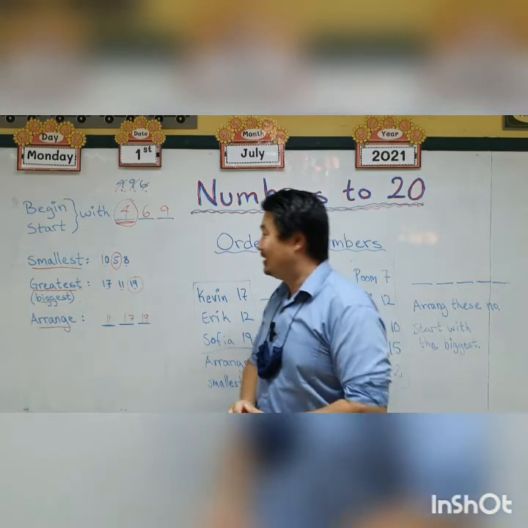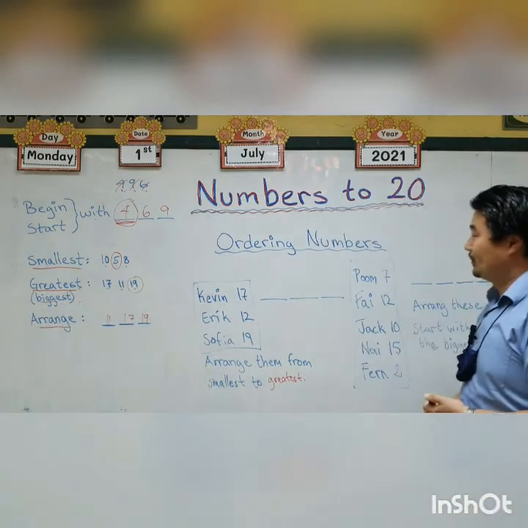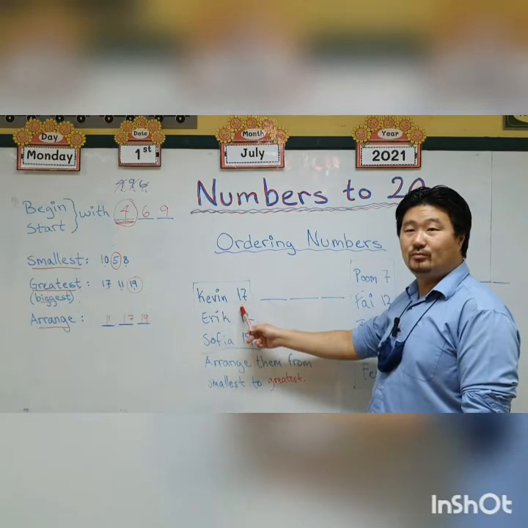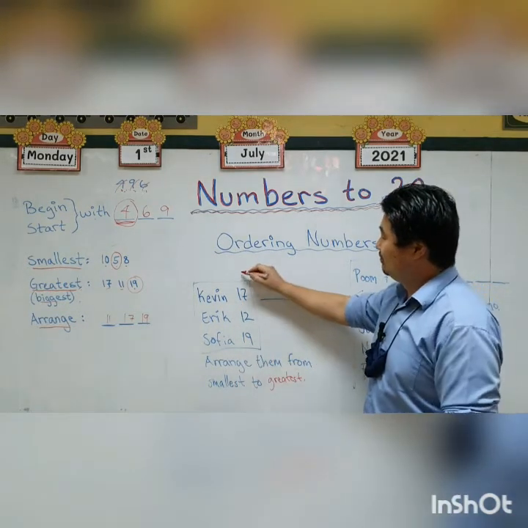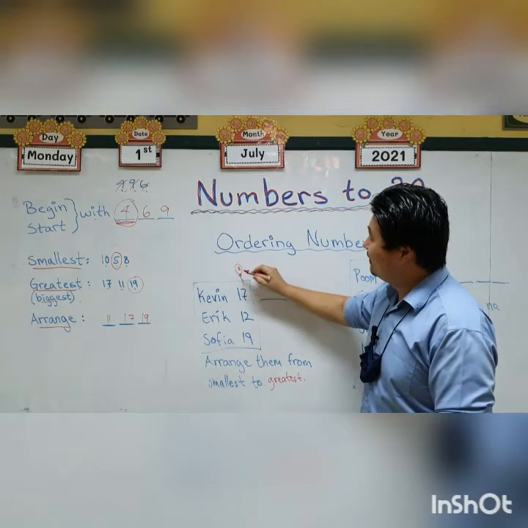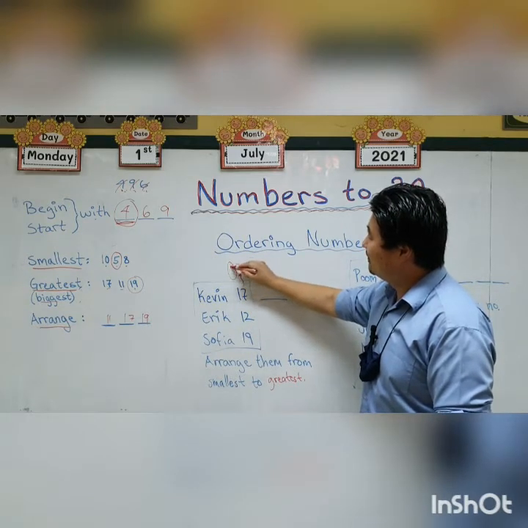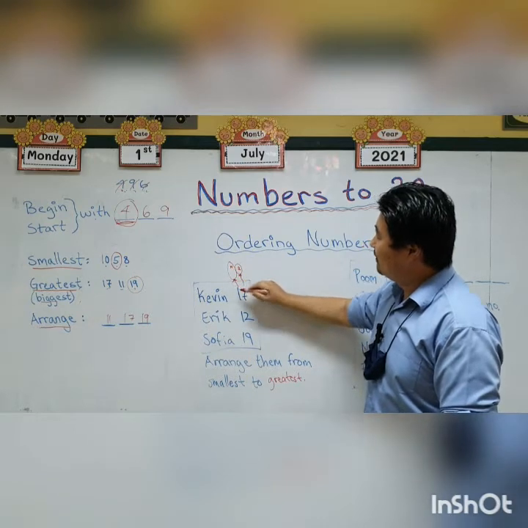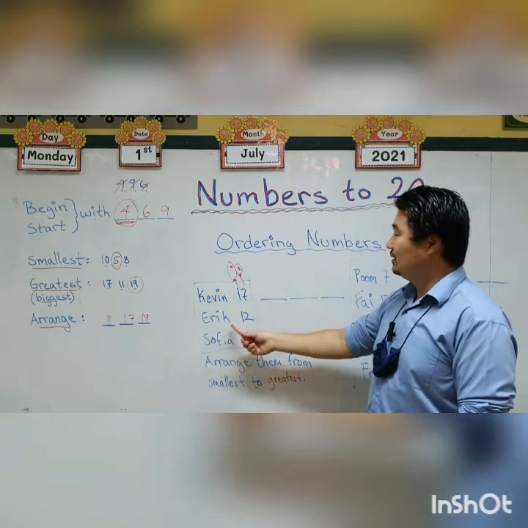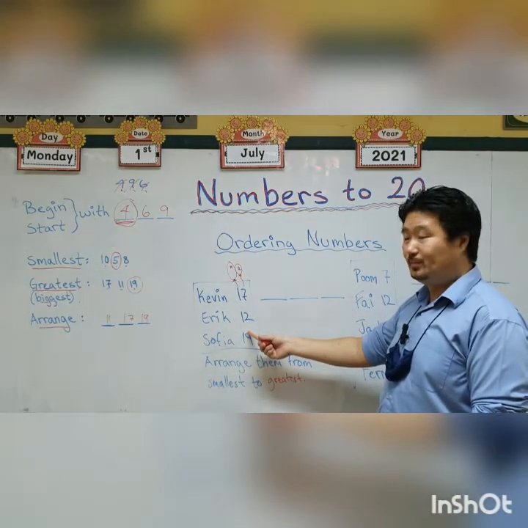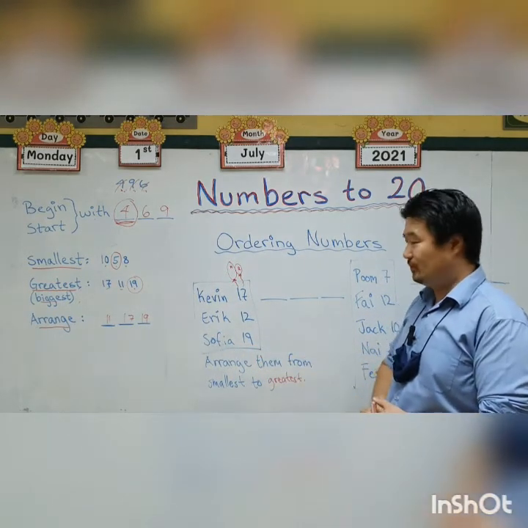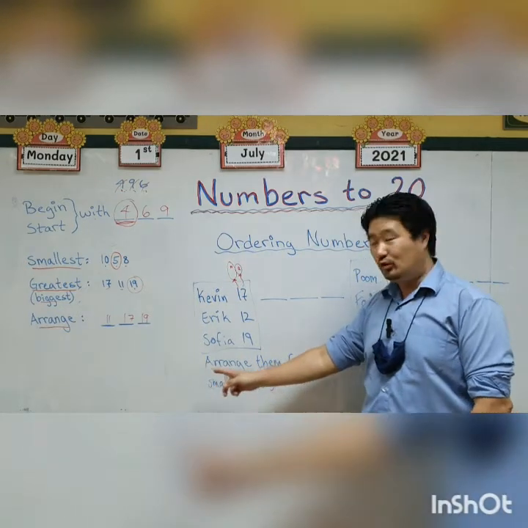Okay? So now let's do some examples. Kevin has 17 balloons. Eric has 12 balloons. And lastly, Sophia has 19 balloons. Now, what should we do?